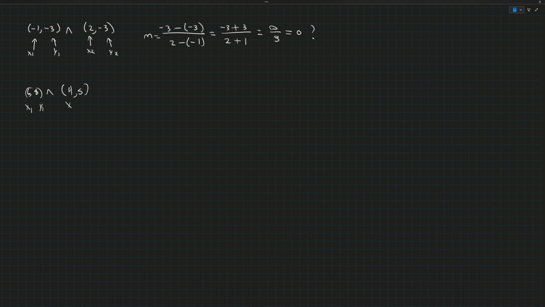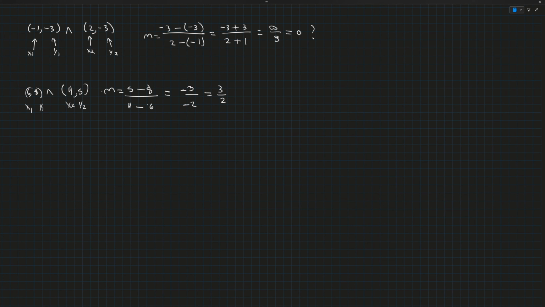This could be x2, y2, which implies that the slope of this function is just going to be y2 minus y1, 5 minus 8, over x2 minus x1, 4 minus 6. This becomes -3. This becomes -2. Negative over negative, this becomes 3 over 2. And this is the slope of the function.